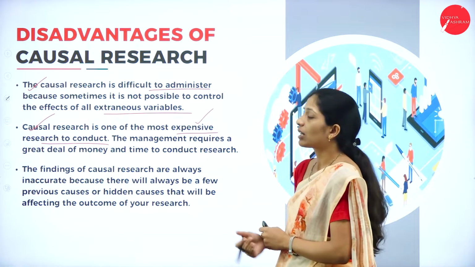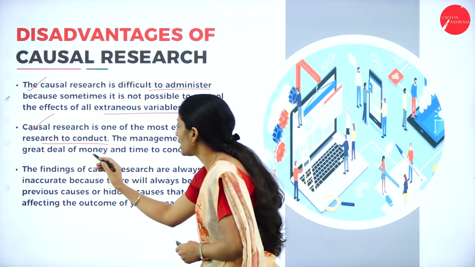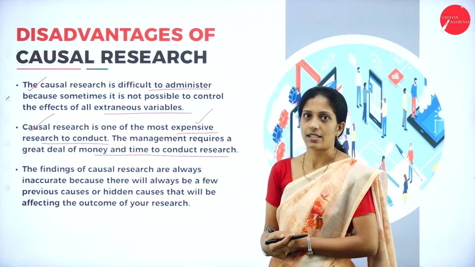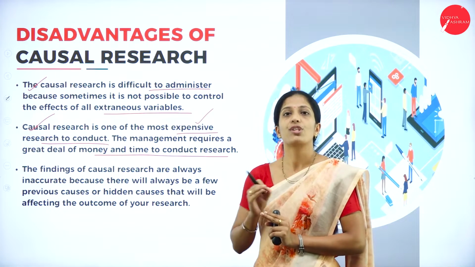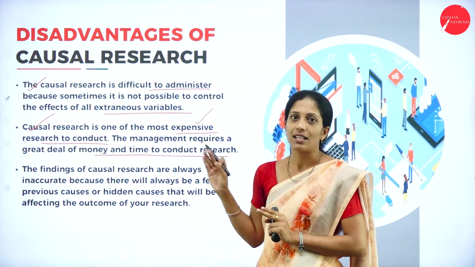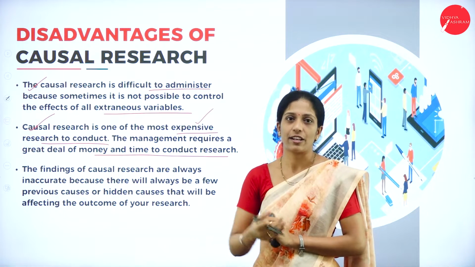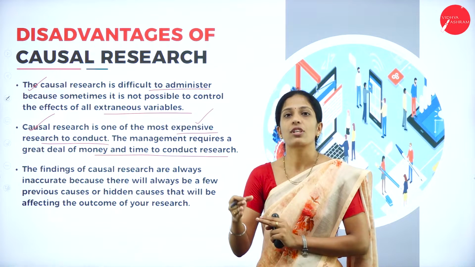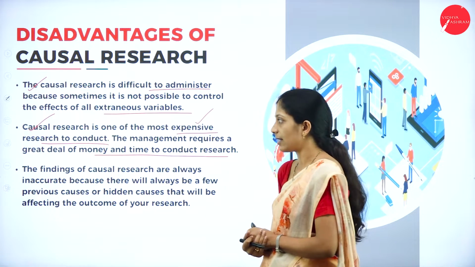The management requires a great deal of money and time to conduct the research. Here the researcher needs a huge amount of money, and at the same time more time, to conduct this explanatory, causal or experimental research.